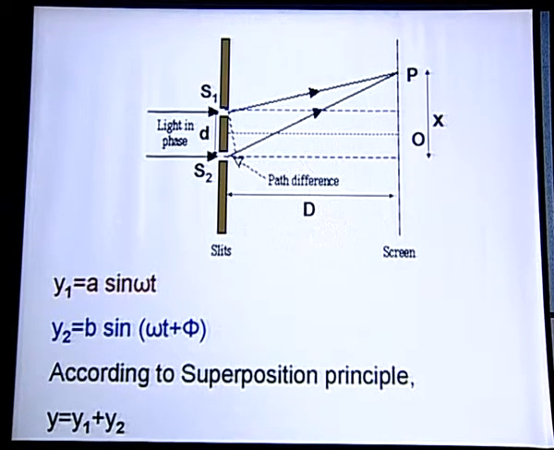We are curious to know the resultant of the superimposing. So, we want an expression for the amplitude and moreover the intensity for the interference.